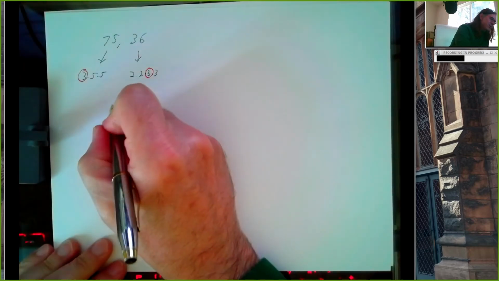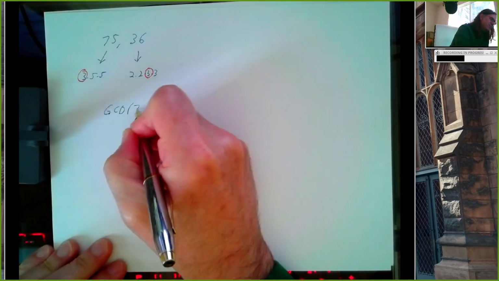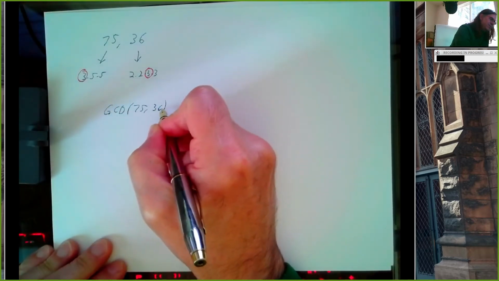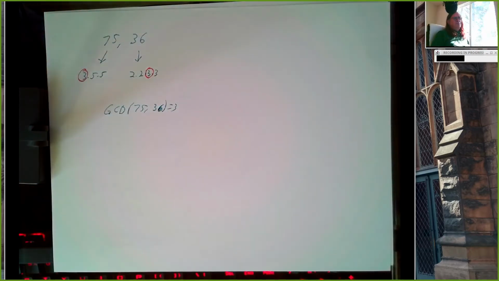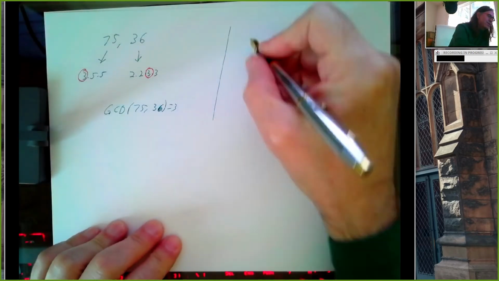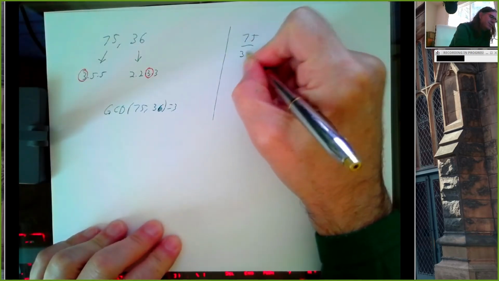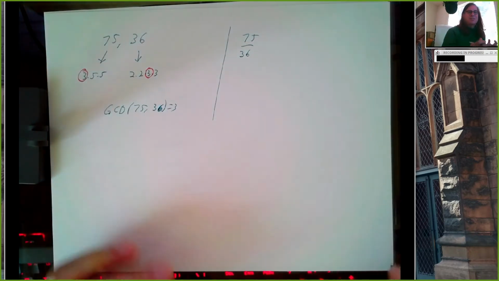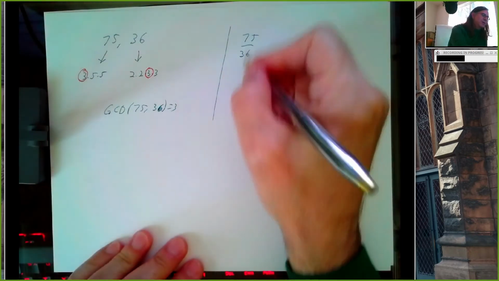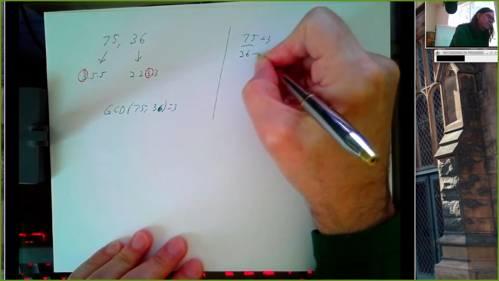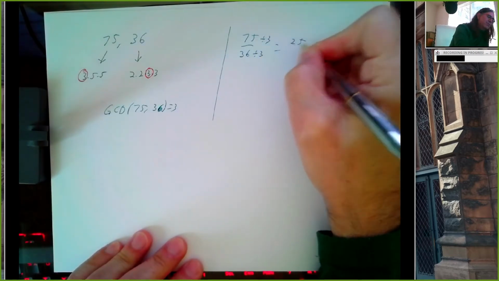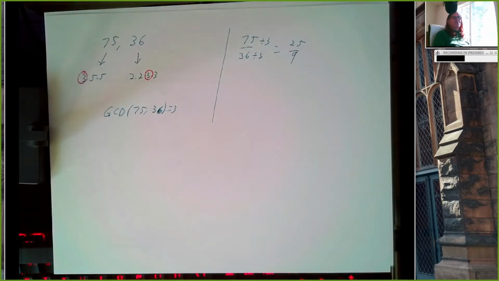So we would say the greatest common divisor of these numbers is 3. We use GCDs when we're learning about fractions. If you want to take a fraction like 75/36 and put it in simplest terms, what do you do? Divide the top and bottom by the greatest common factor. This becomes 25/9, and we can't simplify that any further.